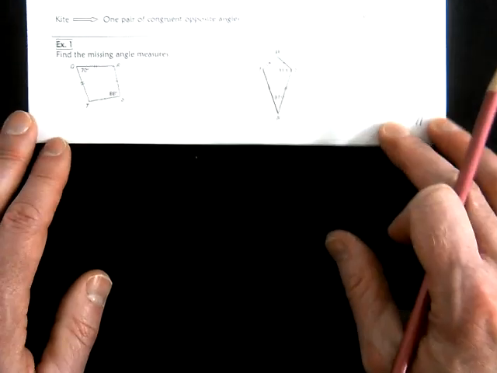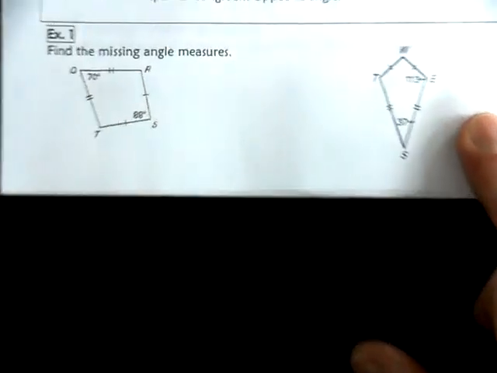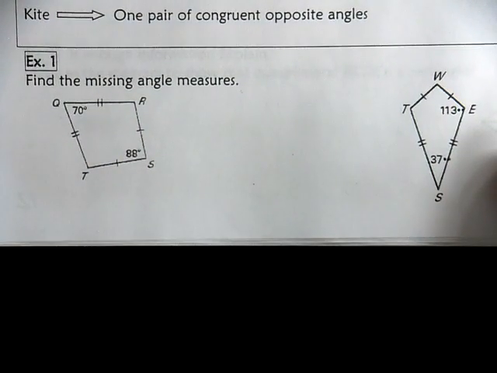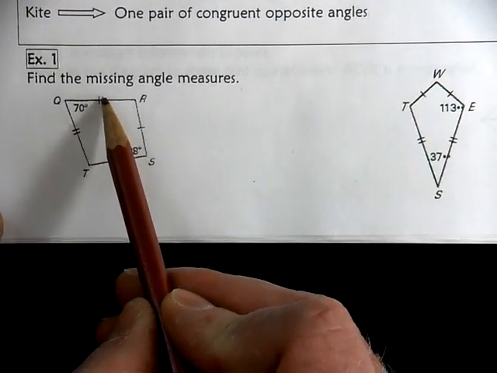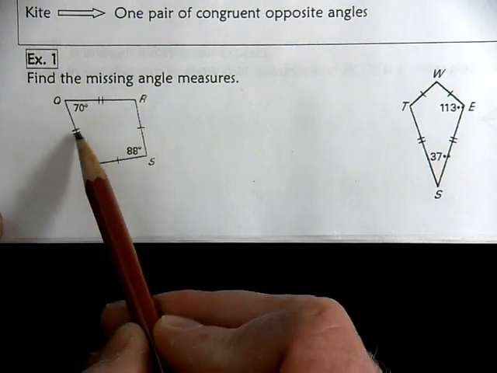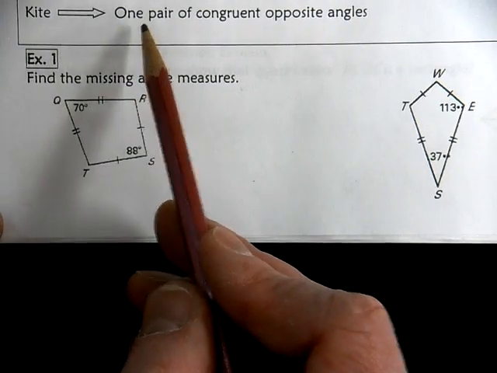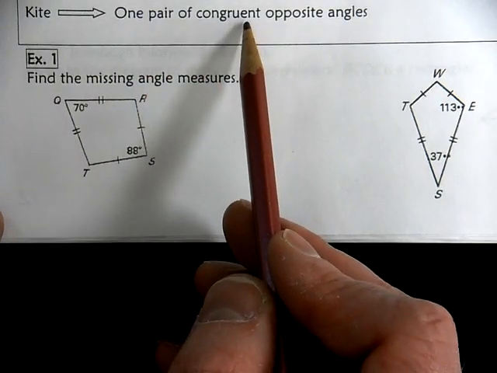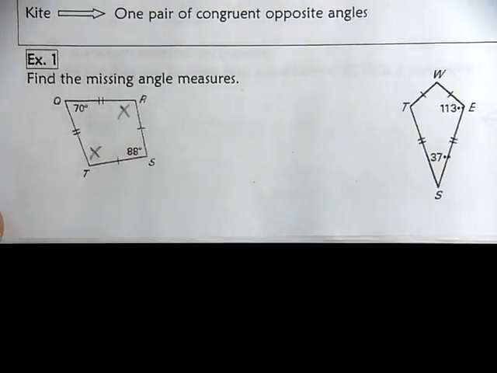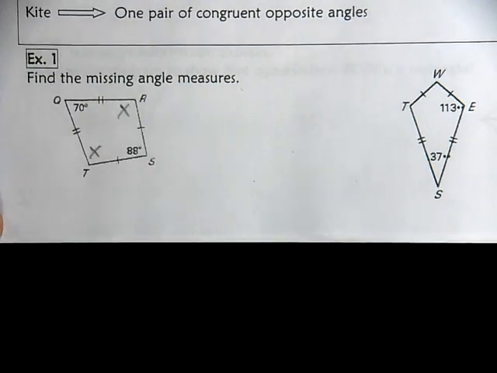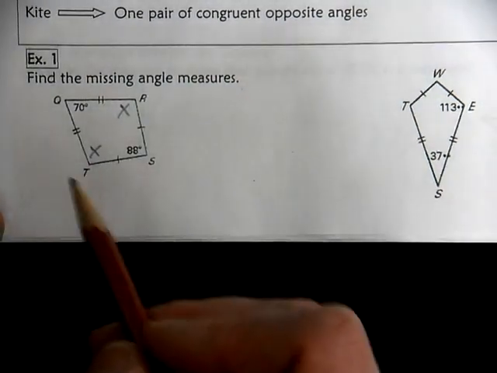So when we come over here to this first example, we look between our two sides that are different, and we know that we're going to have congruent angles. So these are both going to be the same value. So we can call them both x, if that helps you.